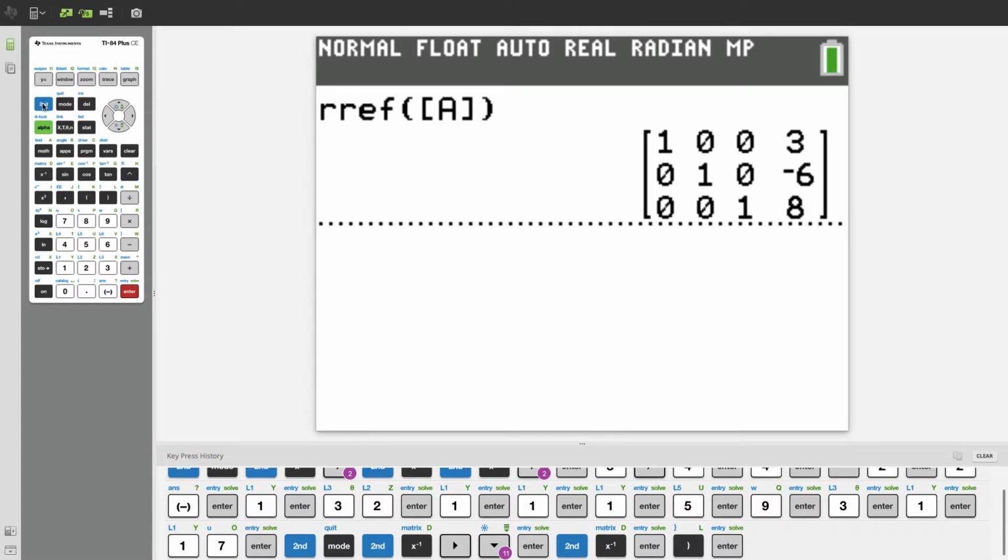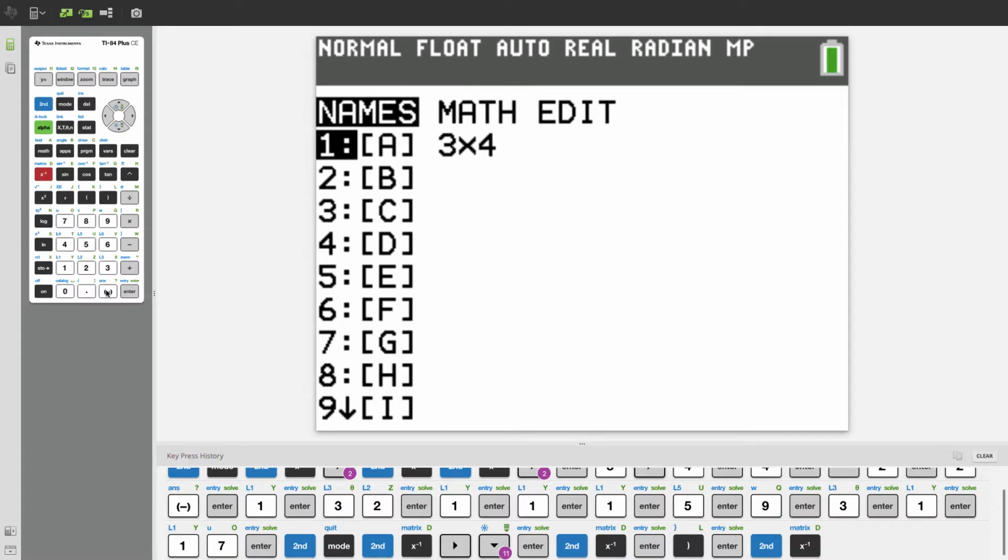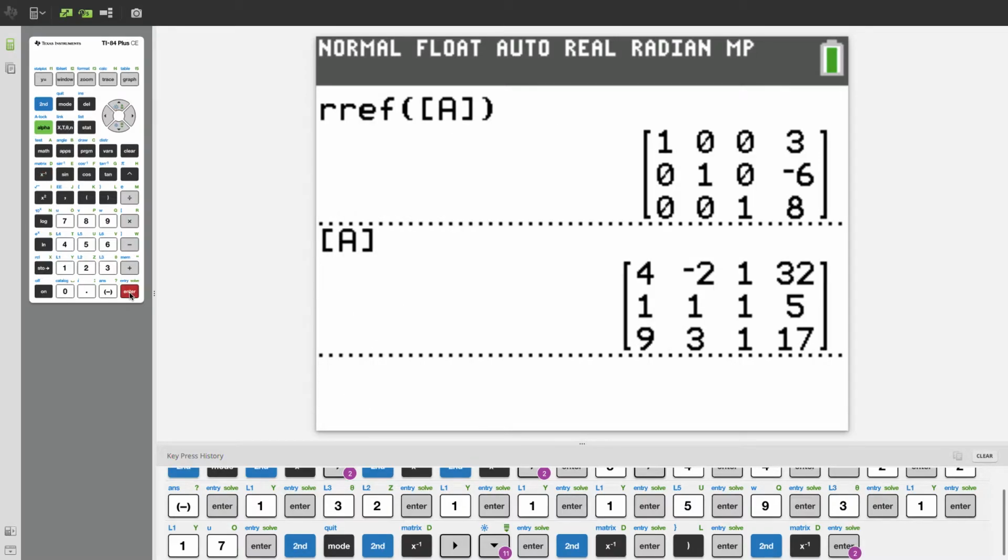I went to A and then after. Did you put RREF in front of it? Let me check your configuration real quick.